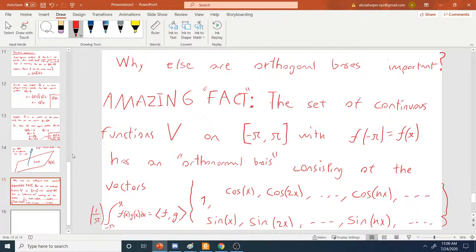Unless you take cosine of x and integrate it against itself, or sine of x integrated against itself, you integrate it with anything else in this list, according to this inner product, you get 0. So these things are orthonormal, and they form an orthonormal basis in the following sense.